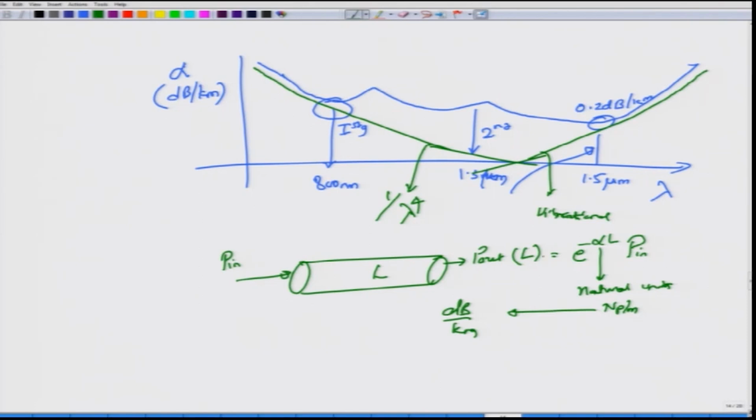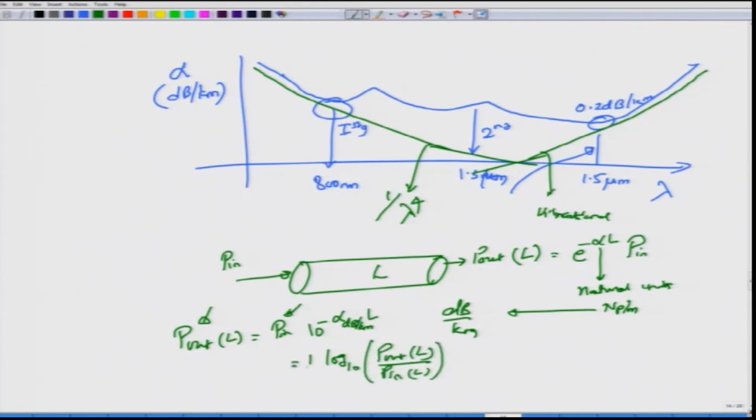So, if I were to calculate the output power, which is a function of L, as input power times 10 to the power minus alpha, measured now in terms of dB per kilometer, times L. If you know the power that you got out and the power that you put in, then by taking log on both sides to the base of 10, you will be able to find out what 1 by L times that would be, the loss.